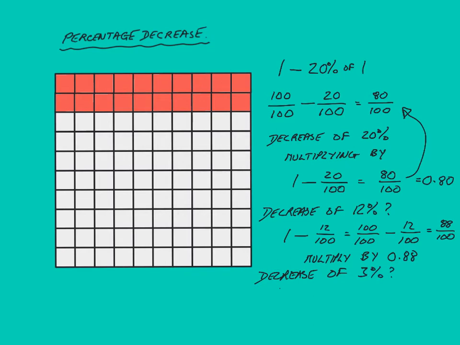That would be 1 minus 3 over 100, which would be 100 over 100, that's our 1, minus 3 over 100, and 100 minus 3 is 97 over 100. We multiply by 0.97.